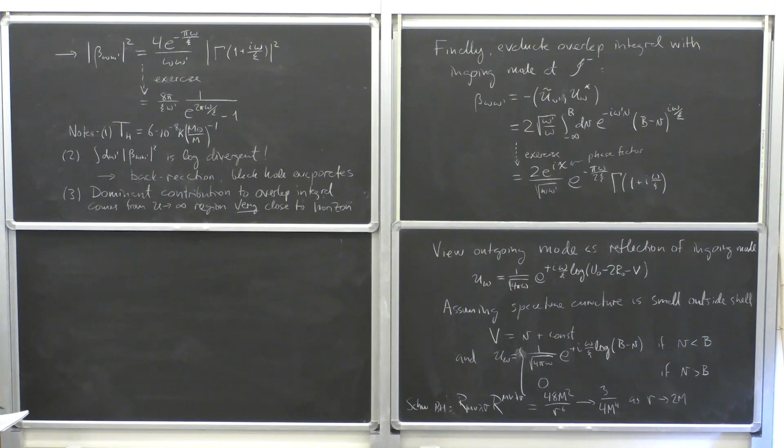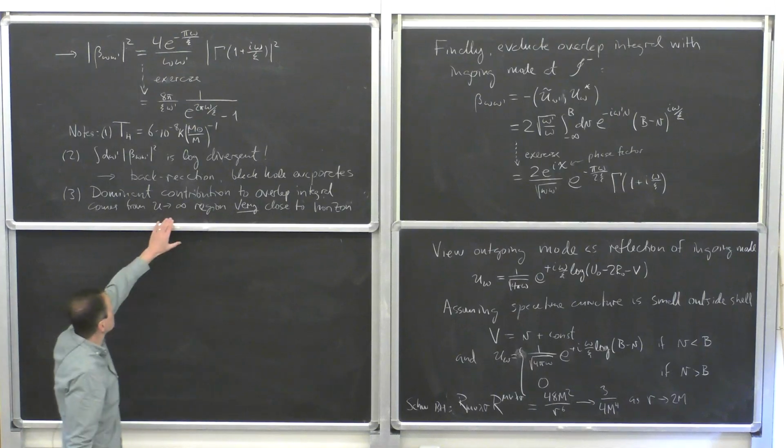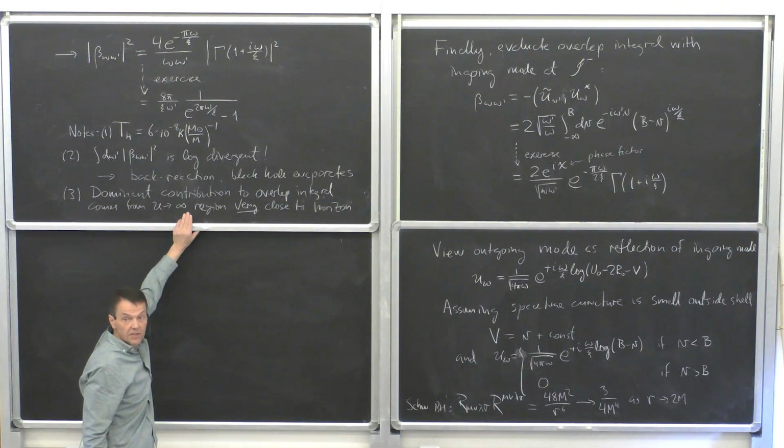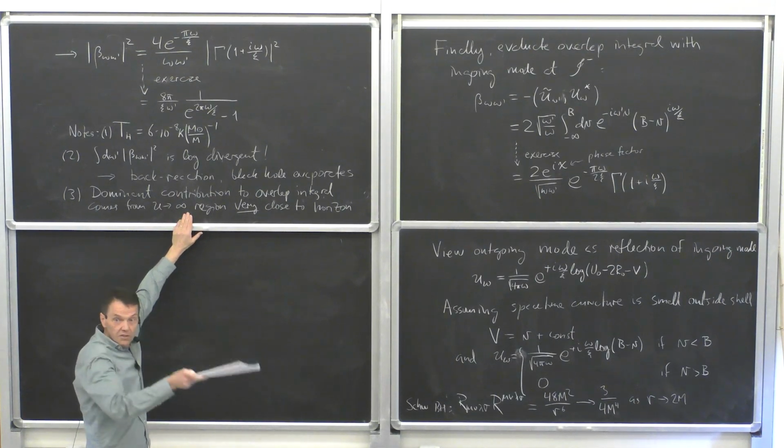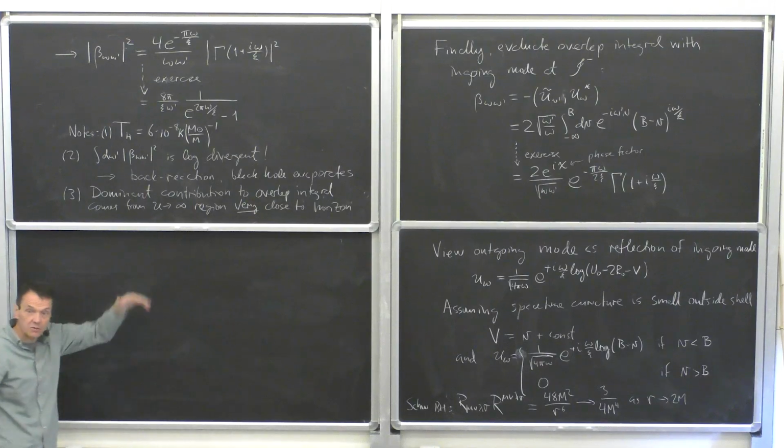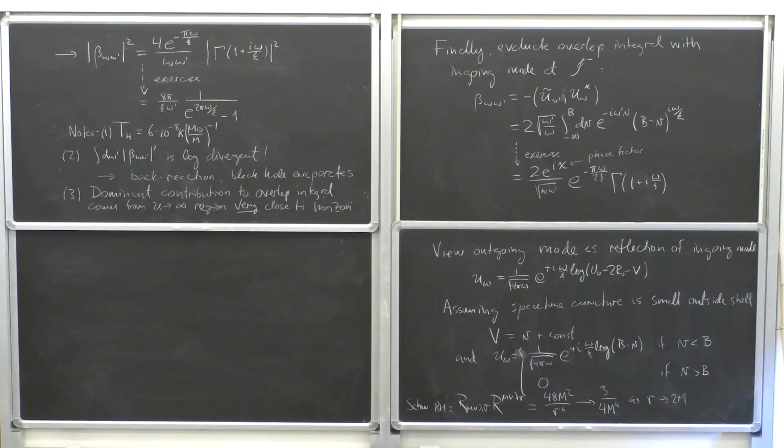In the limit that u really goes to infinity, we're doing an infinite blue shift. So these are arbitrarily high energy modes when they set out. That's formally what's going on in the calculation.